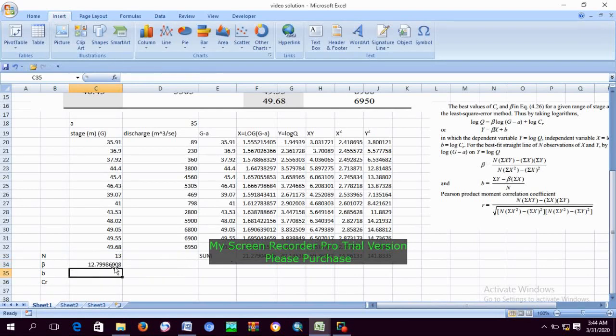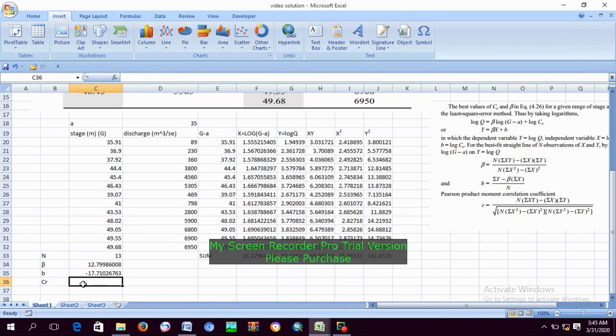And after determining this value, we can determine beta. b is equal to the summation of y, this value, minus beta times the summation of x, over this value, which is beta.